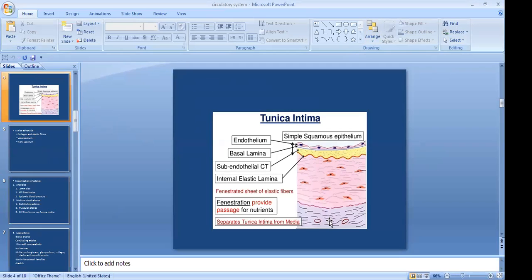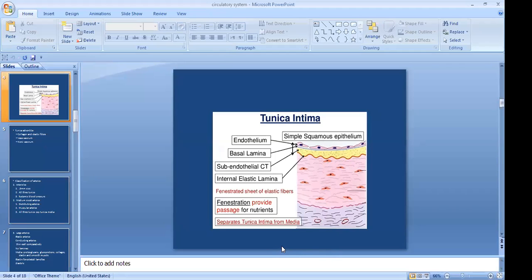I told you the smooth muscle fibers in the tunica media are arranged concentrically. But here in the tunica adventitia, the collagen and elastic fibers are arranged longitudinally.